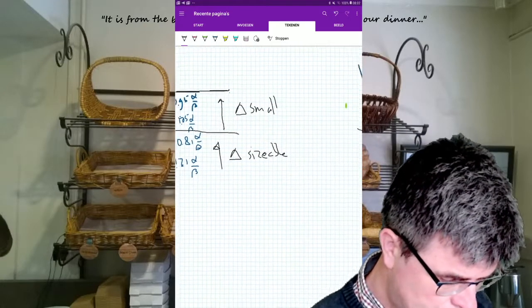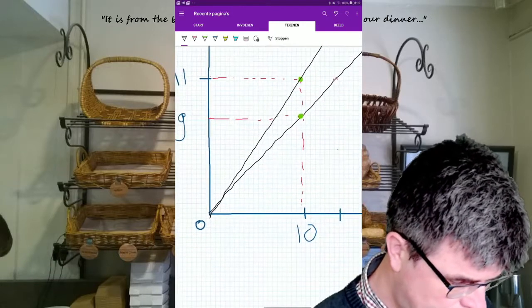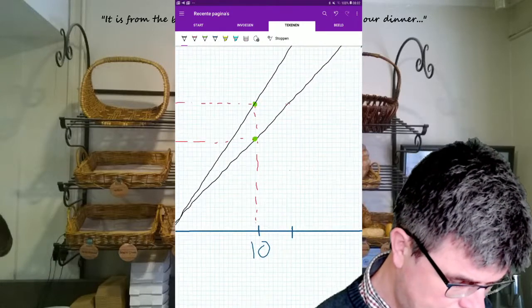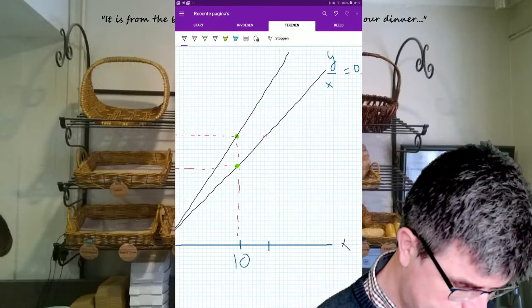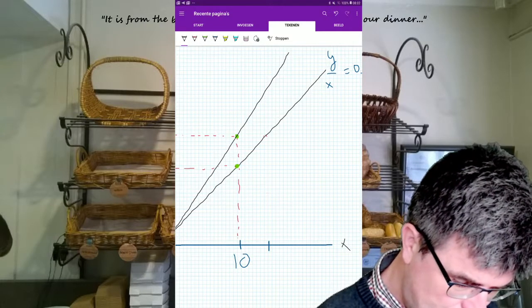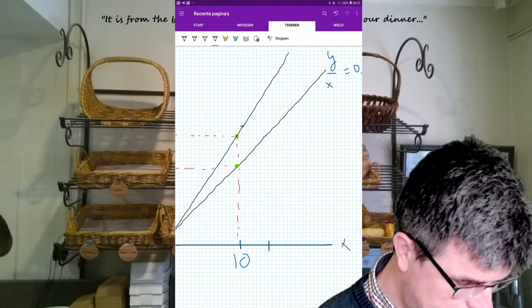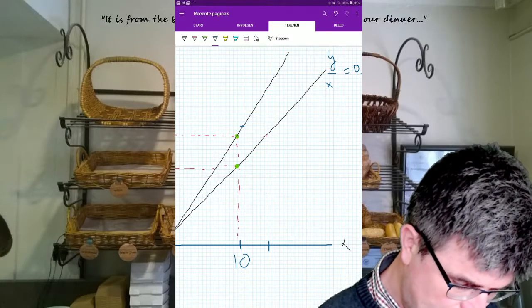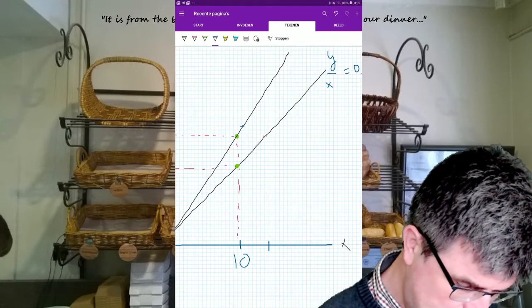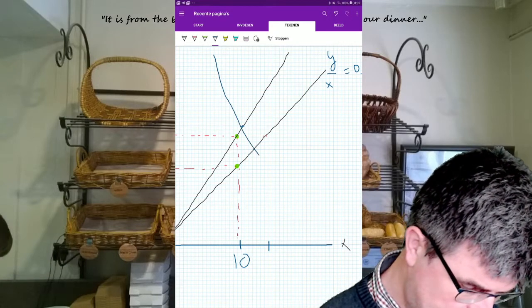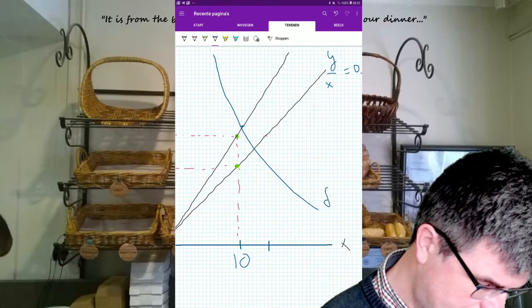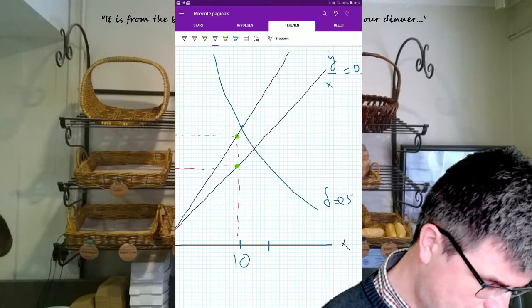Now, to depict it in the figure, for delta equal to 0.5, suppose that this would be a point on that indifference curve, then we have a gradual change. So we have something like this, for delta equal to 0.5.